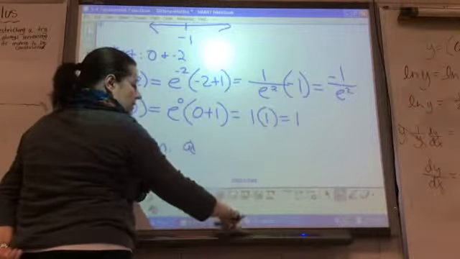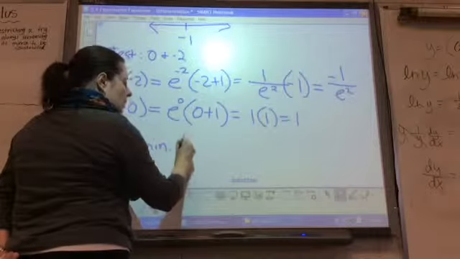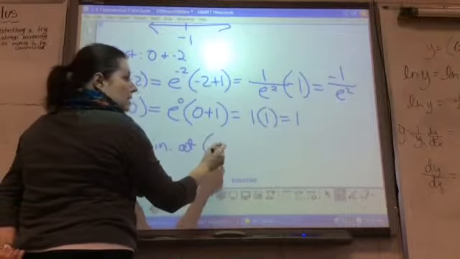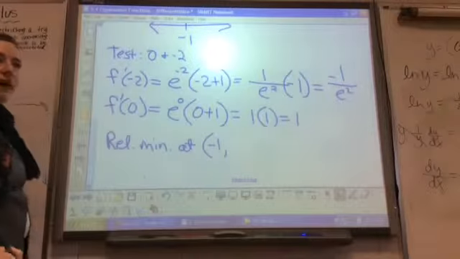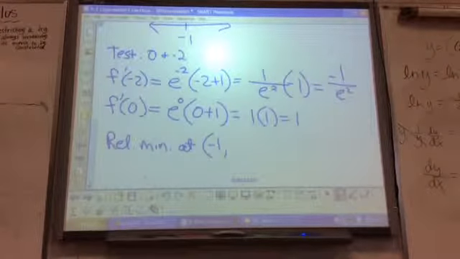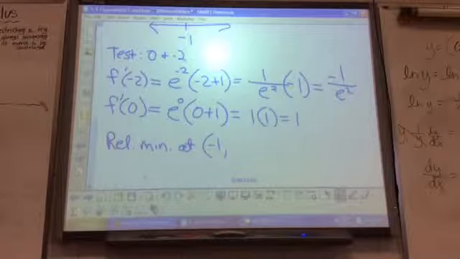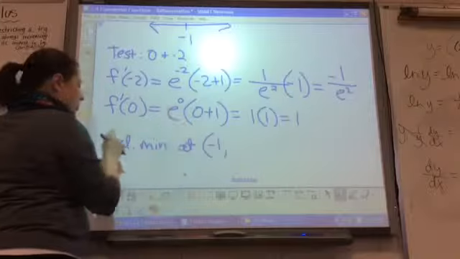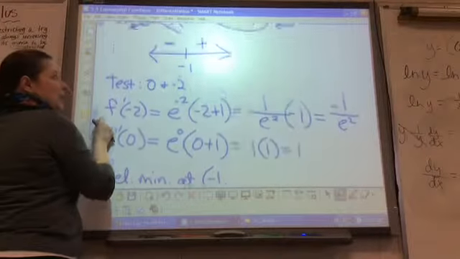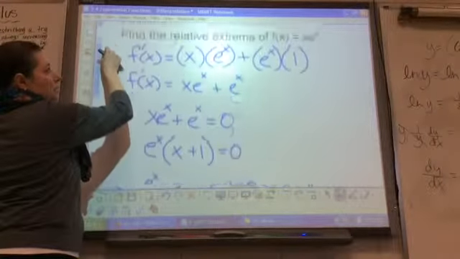at, and let's find the whole ordered pair, at -1 comma. We're going to have to go find it, because I want you to know how to do that, especially with these e's. So where do we plug in to find that? The original. So we're going to plug -1 in, way back up.